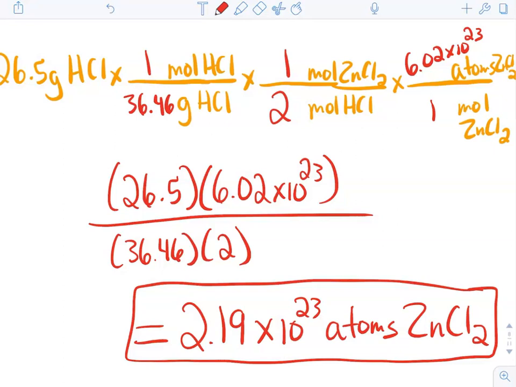Okay? And then we have our last example, which is going to be one that involves liters. We've not done anything with liters so far, so that's why I wanted to do this example.